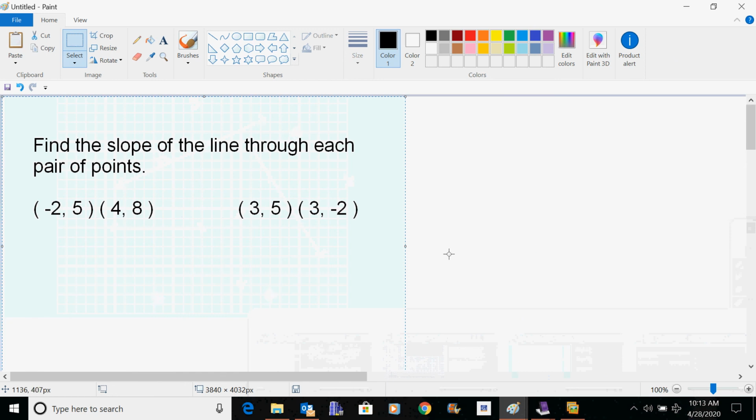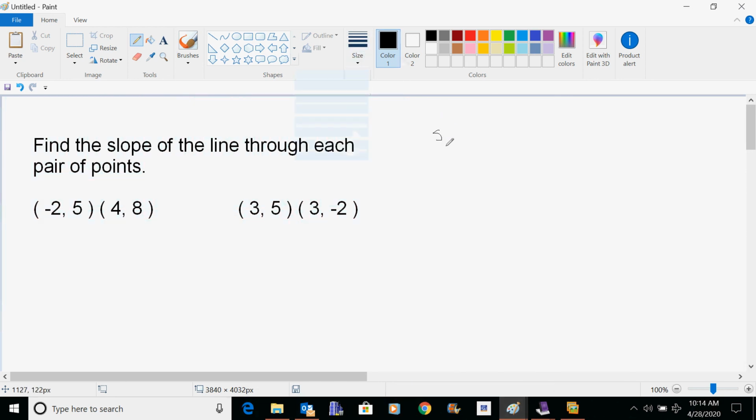And then we have find the slope through each pair of points. This is the one where you had the formula. The slope formula equals y2 minus y1 over x2 minus x1.